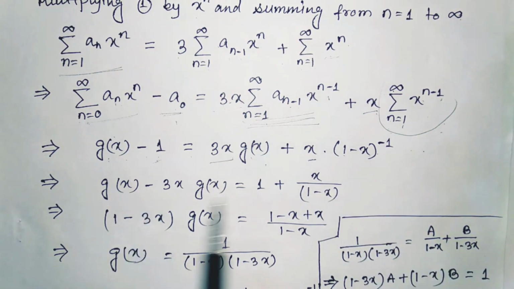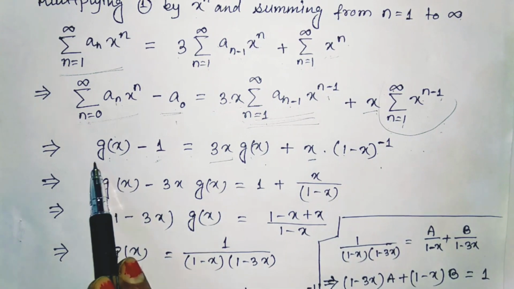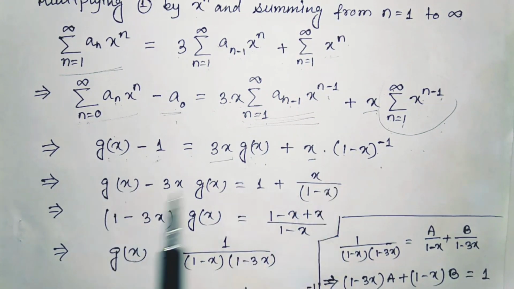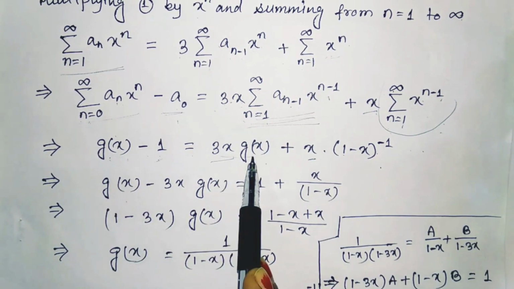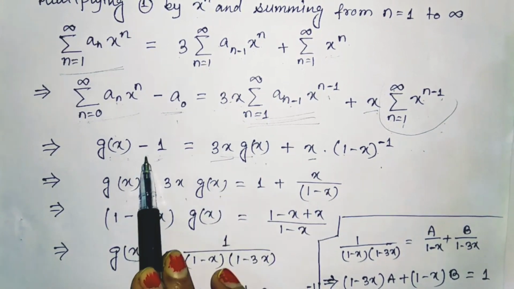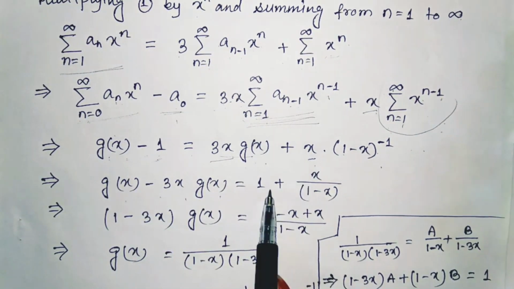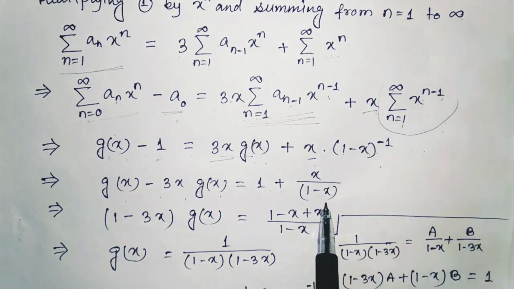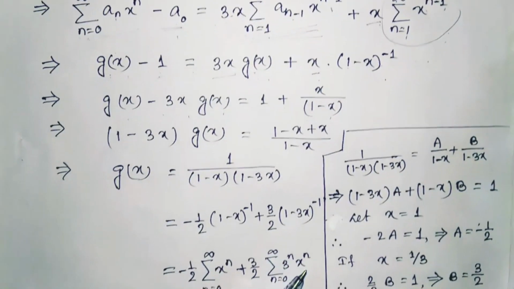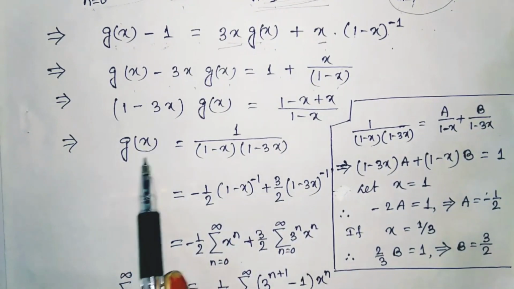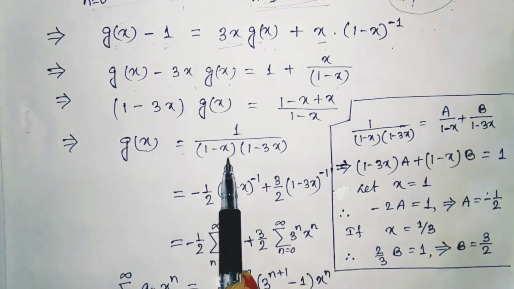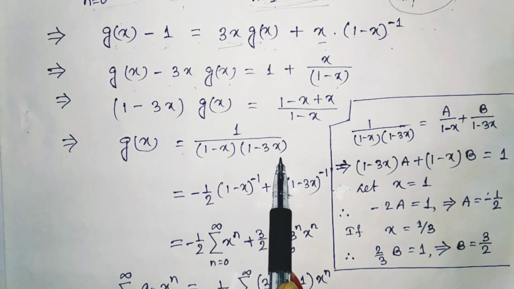Now if we simplify, we will find g(x). We keep all the g(x) on one side, so g(x) minus 3x g(x). This one we take to the other side, so that it is (1 plus x) divided by (1 minus x). Now if you simplify, we will find g(x) equals 1 upon (1 minus x) into (1 minus 3x).